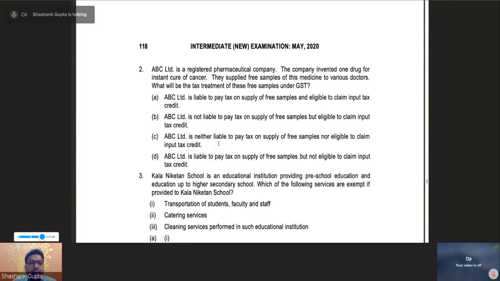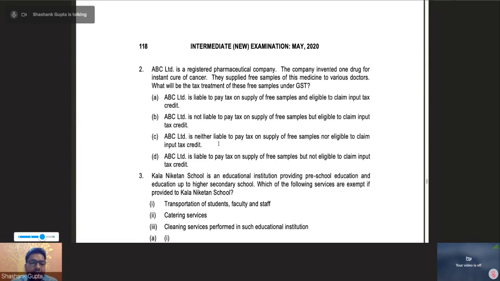ABC Limited is not liable to pay tax on supply of free samples but eligible to claim input tax credit. C option says ABC Limited is neither liable to pay tax on supply of free samples nor eligible to claim input tax credit.